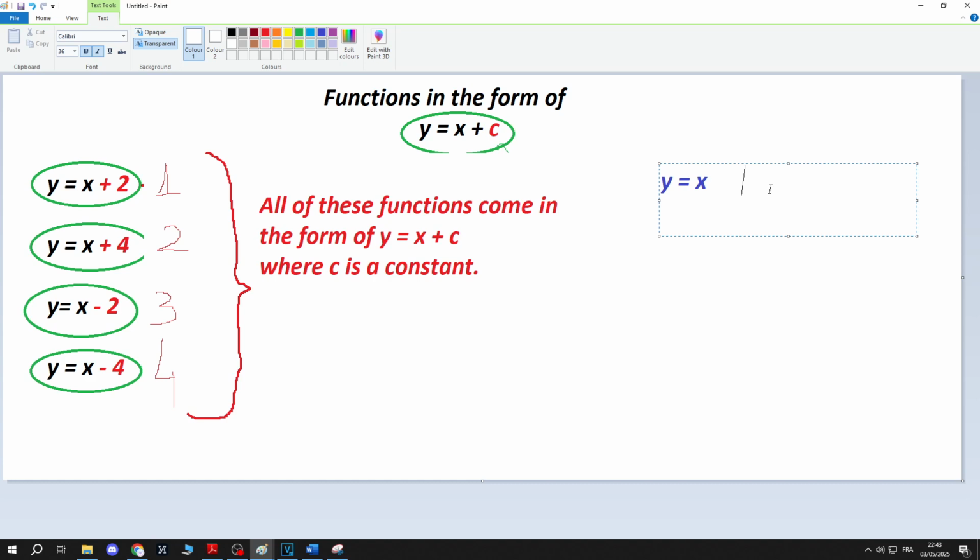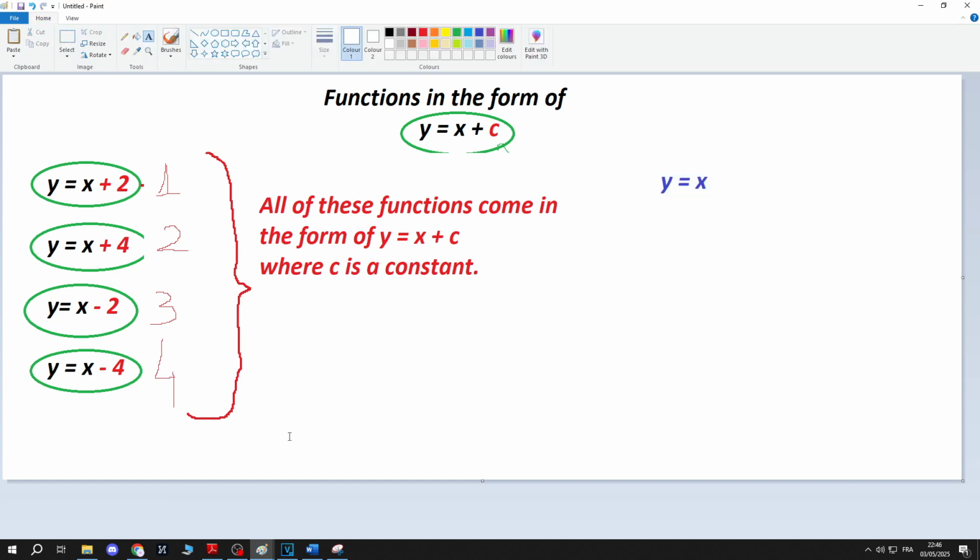Well, what if I just do this quick magic trick? I will highlight my function. Y equals x plus 0. So c here is 0. So yes, y equals x is in the form y equals x plus c, but y equals x is a very special one, and you'll come to find out in the next part.